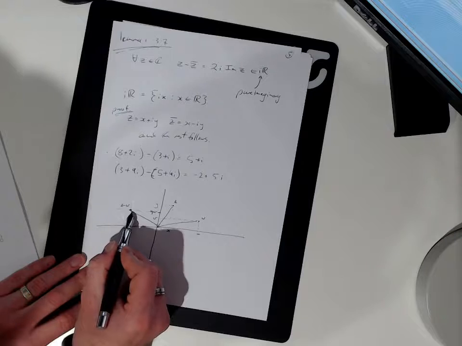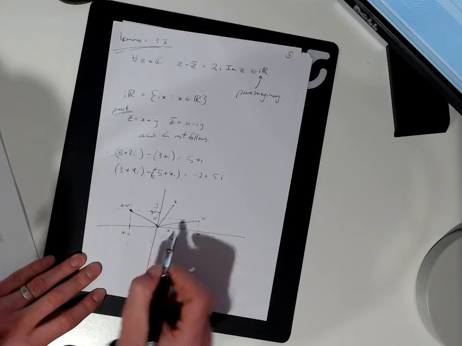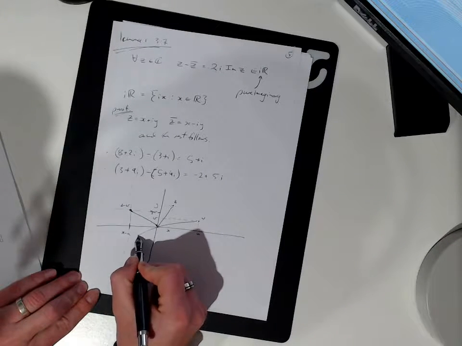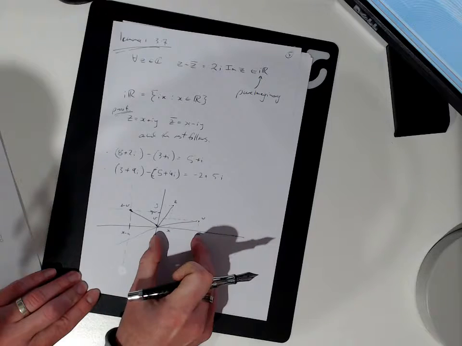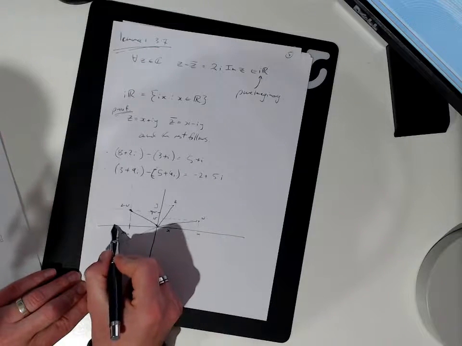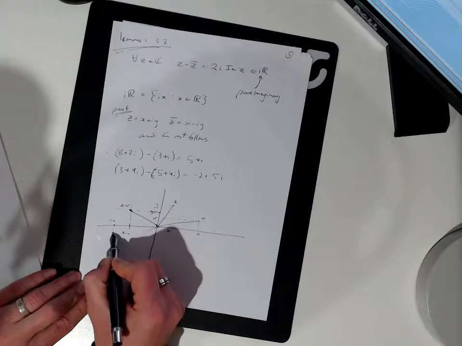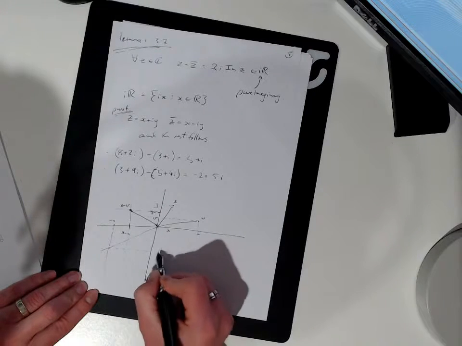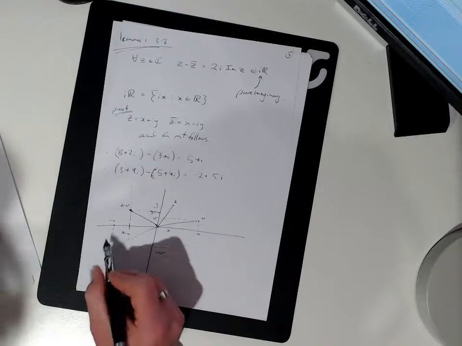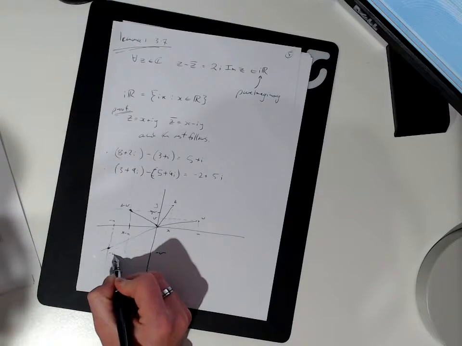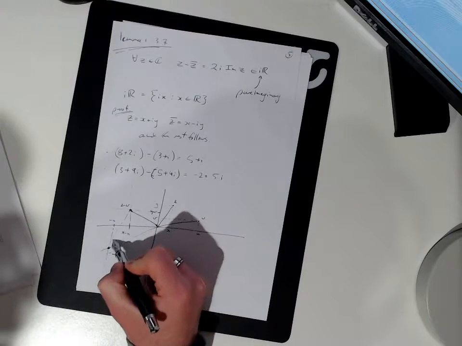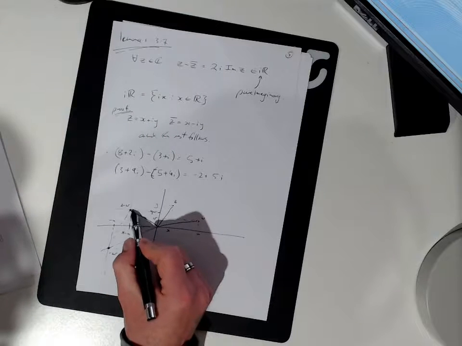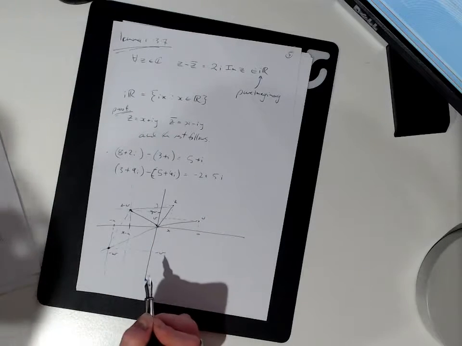Oops. Well, think again about vector addition. I haven't drawn the angles very well, have I? But anyway, that's meant to be z, and that's meant to be minus w.